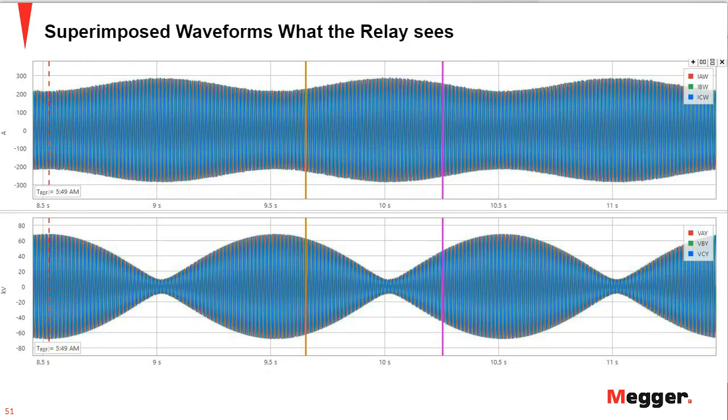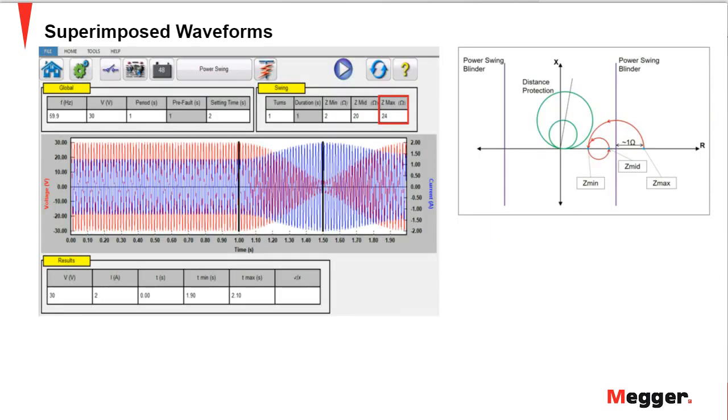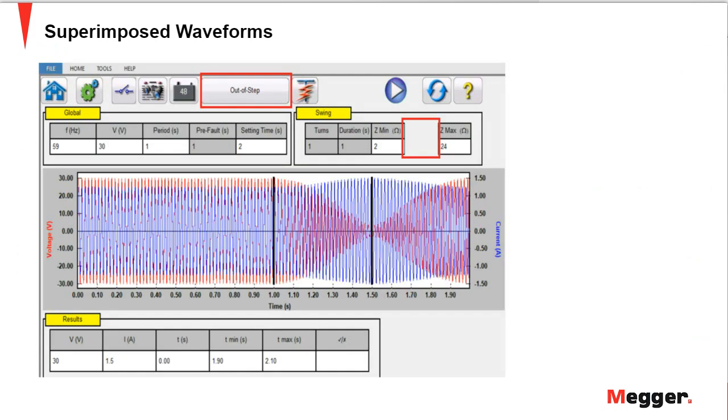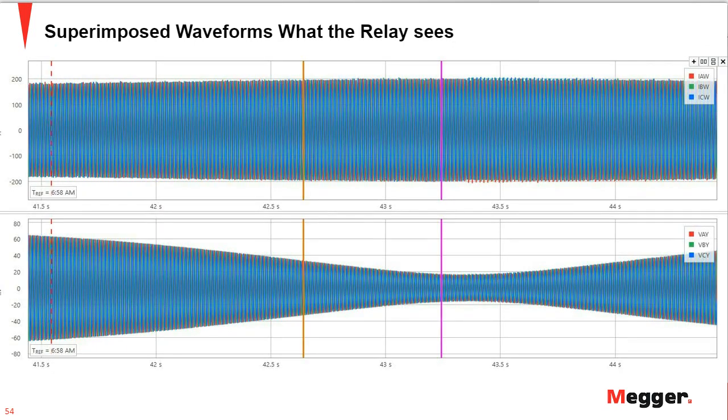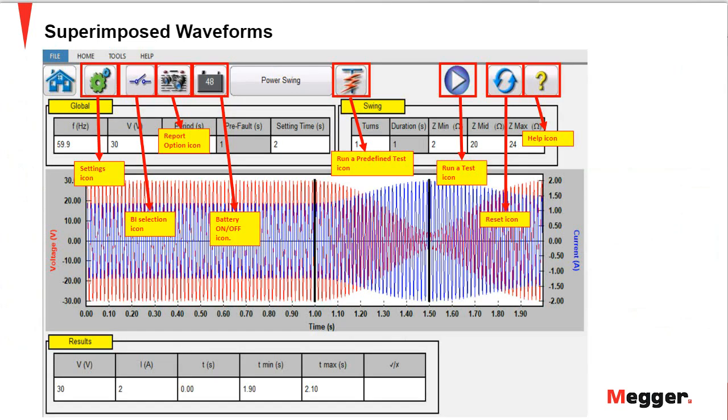So remember that we had this mid impedance, which is where the characteristic starts to turn. In the case of the out of step, it just goes across. That would be the difference. And this is an actual measurement I did this morning of this same characteristic. This is just a summary of the tool itself.